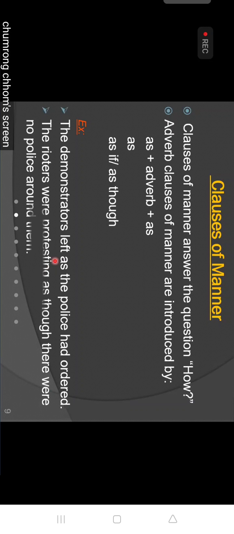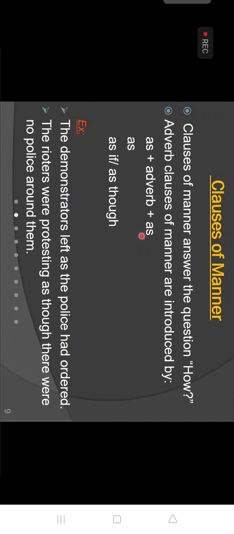And another one like here: The writers were protesting as though there were no police around them. Okay, this is about the way they use adverb of manner. We can use as plus adverb plus as.